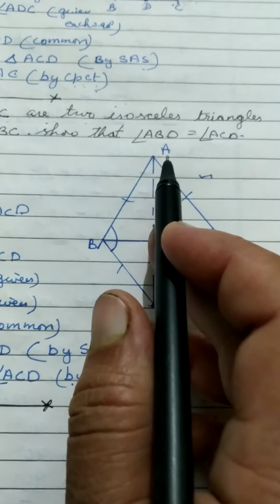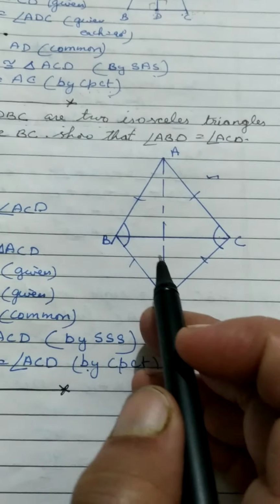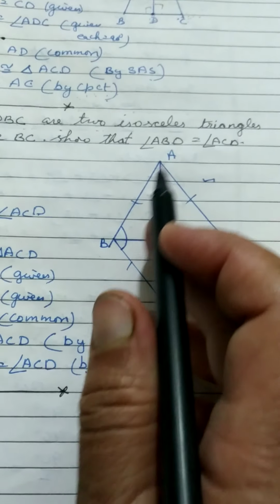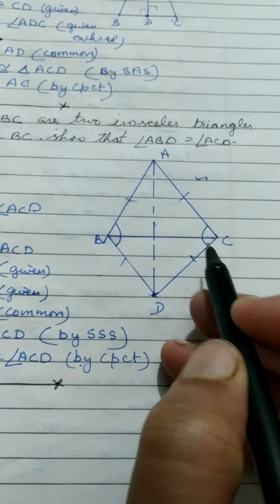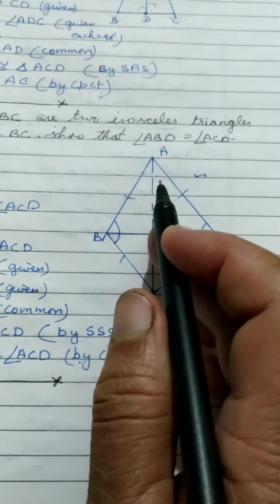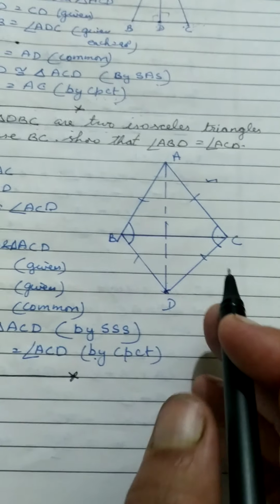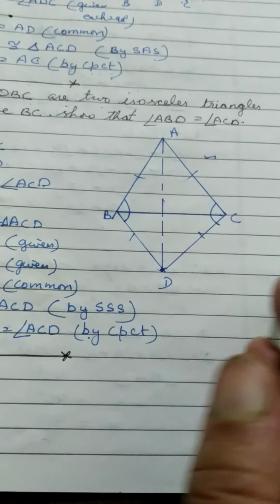Now angle ABD is included in triangle ABD, this triangle, and angle ACD in this triangle. Now if we prove that these two triangles are congruent, then we will get that the corresponding parts are equal.